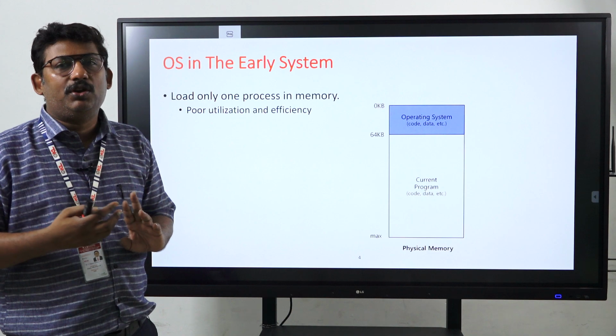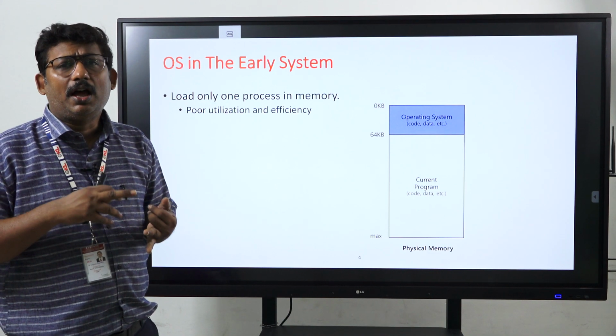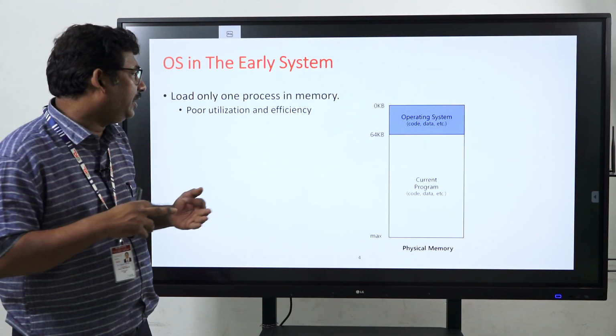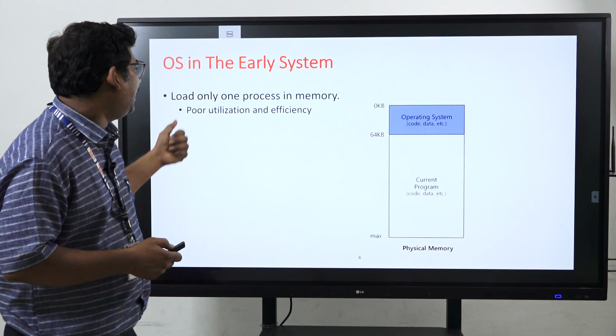Different processors will use three techniques: one is the code, another is the heap, another is the stack. Three techniques are used, whereas here code and data are used in the earlier systems.